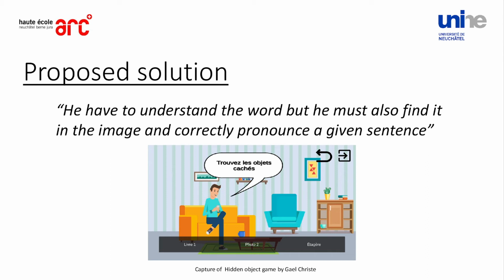The quantity of objects in the room, the type and number of objects to be found is decided by the therapist and saved for later sessions. The score is saved in order for the therapist to see the patient's progress.